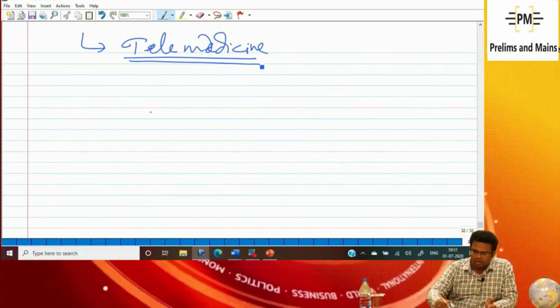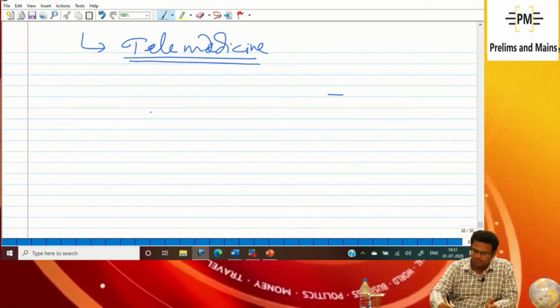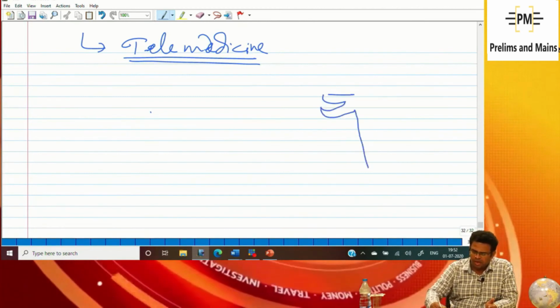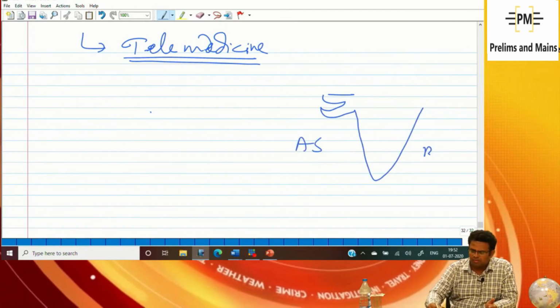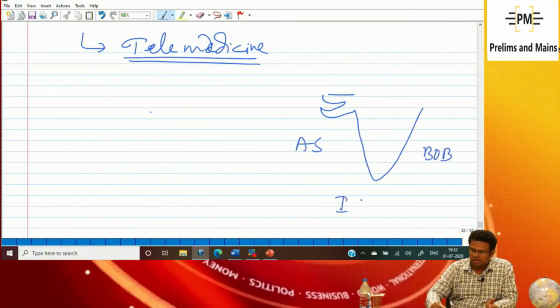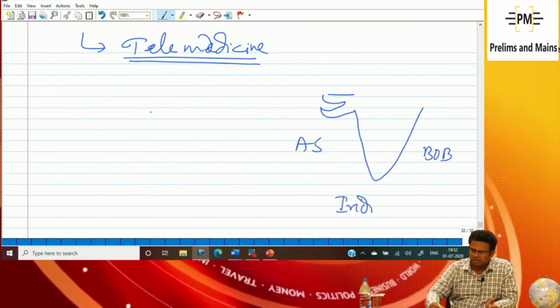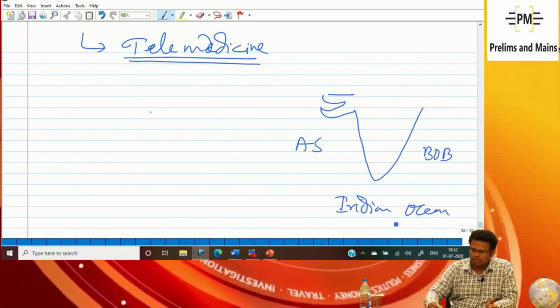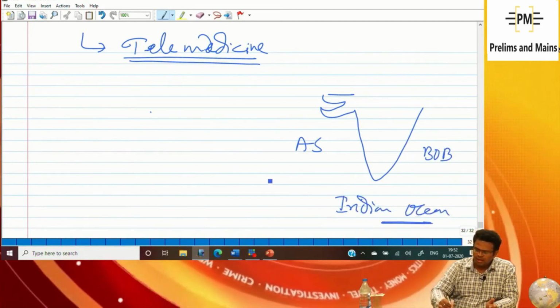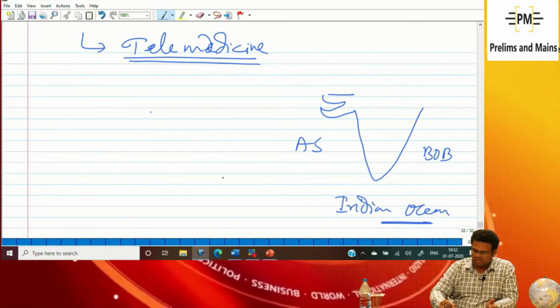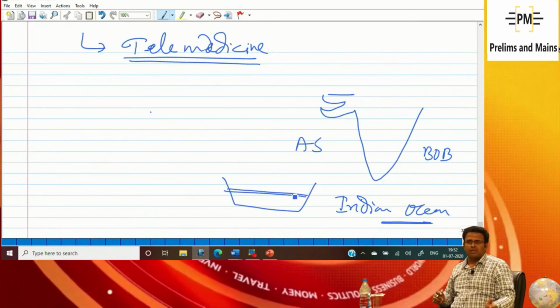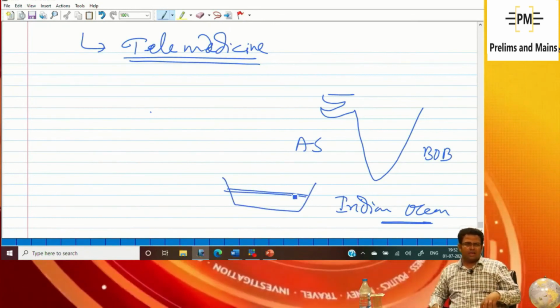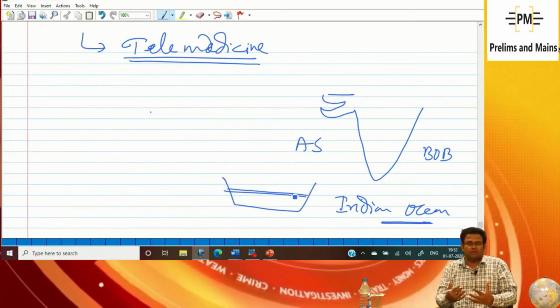Another point: suppose this is India, and there is the Arabian Sea, here is the Bay of Bengal, and it is completely the Indian Ocean, and there is one ship there, and somehow it is lost and sinking.